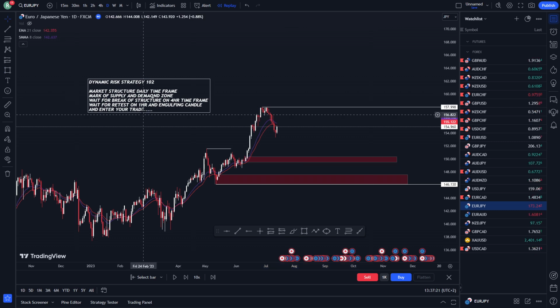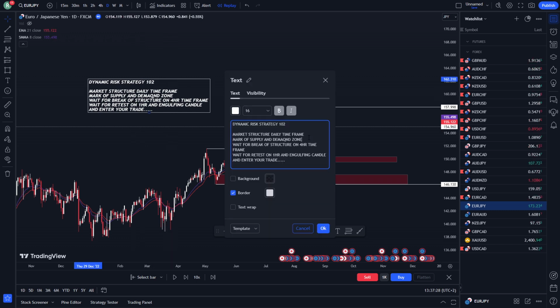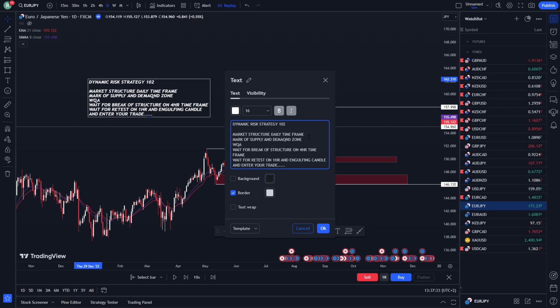So now we wait for break of structure on the 4 hour time frame. We just have to mark off supply and demand zones. So now we just have to wait for price to trade into your supply or demand zone.